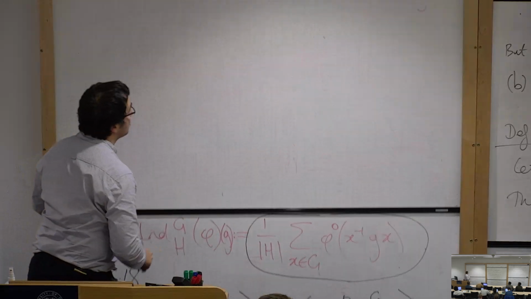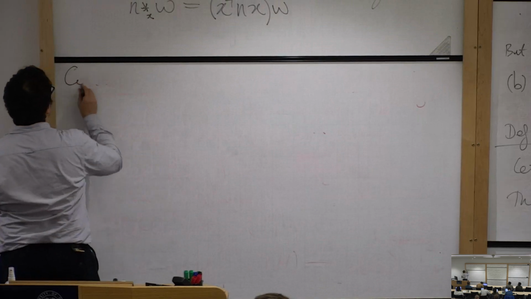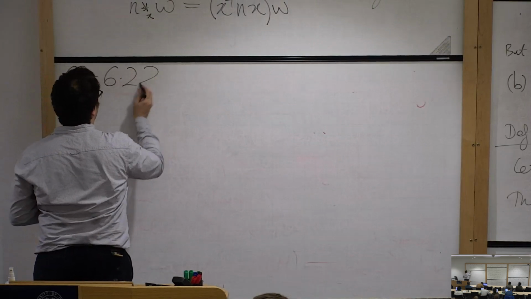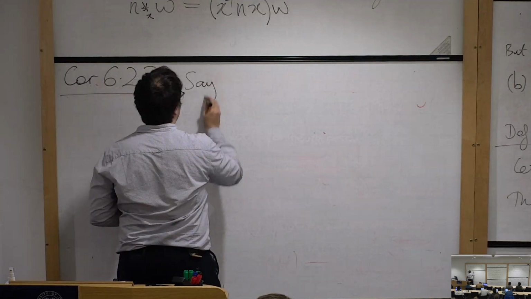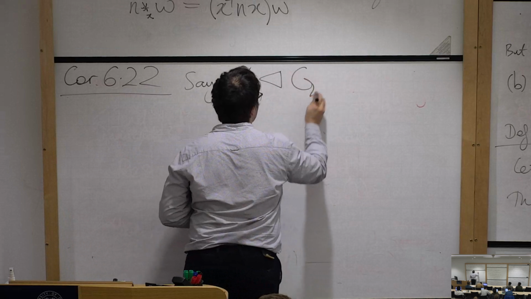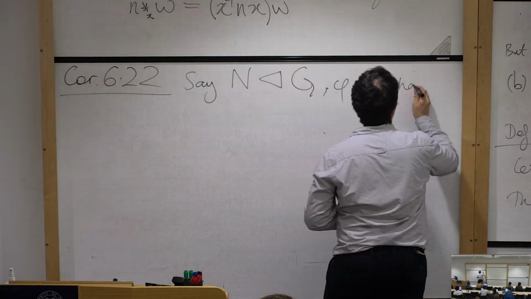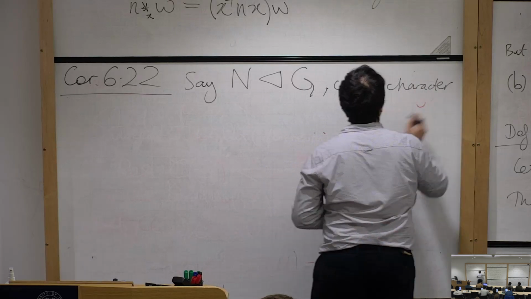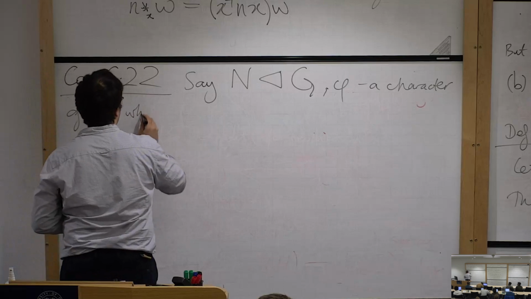You can use Frobenius reciprocity to prove this. Here's the criterion of what lucky might mean. So say N is normal and phi the character of some representation of N, which is irreducible.